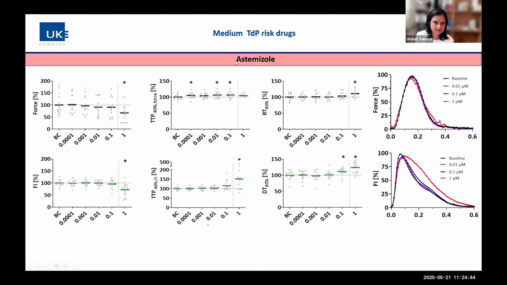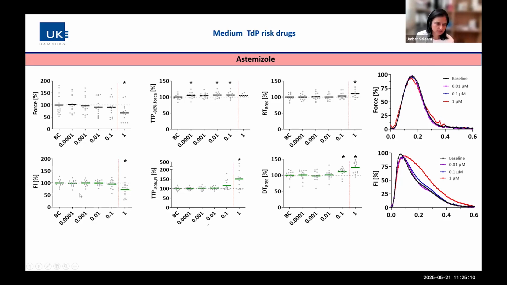And then is astemizole, which is an H1 receptor blocker, and it is classified in the medium TDP risk category. And astemizole showed a decrease in force, and there is some tendency for increase in time to peak, but it is not present at the highest concentration, and an increase in relaxation time.